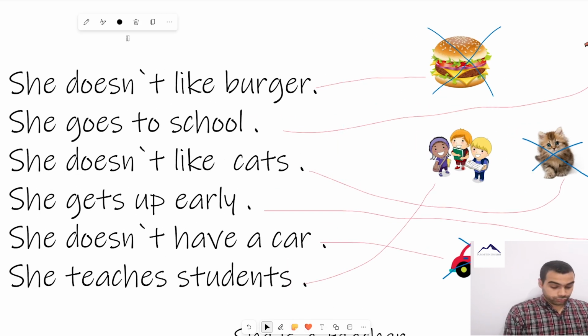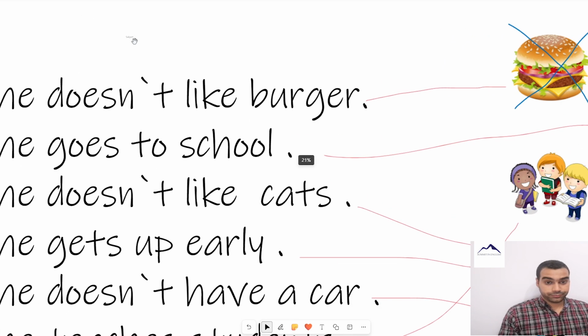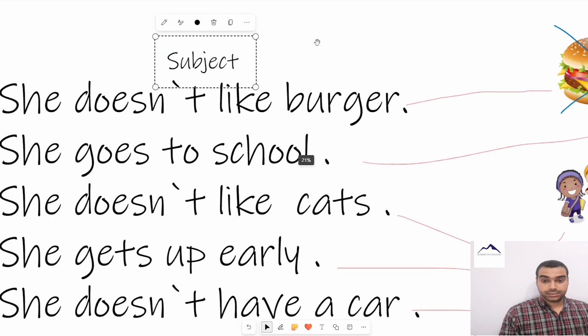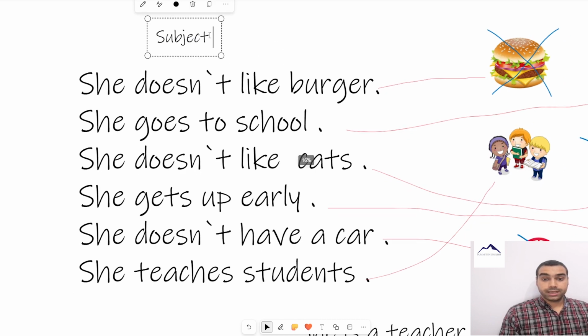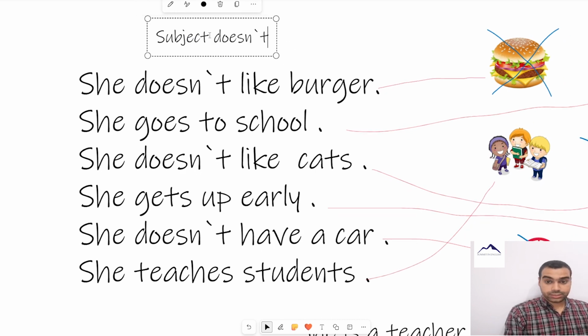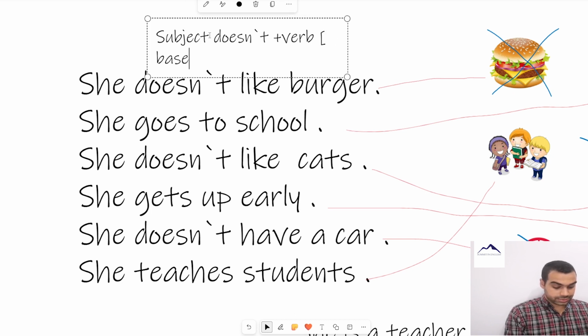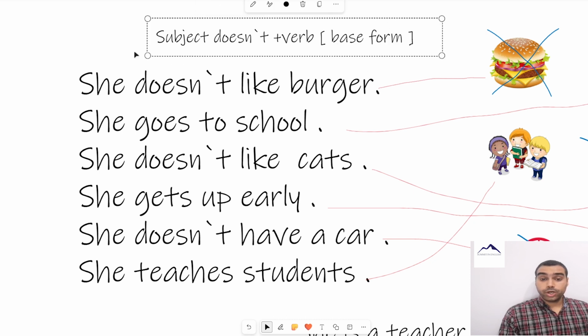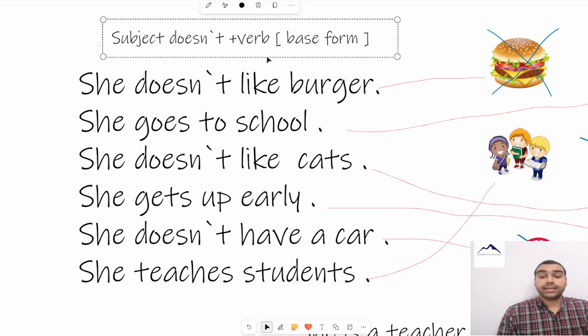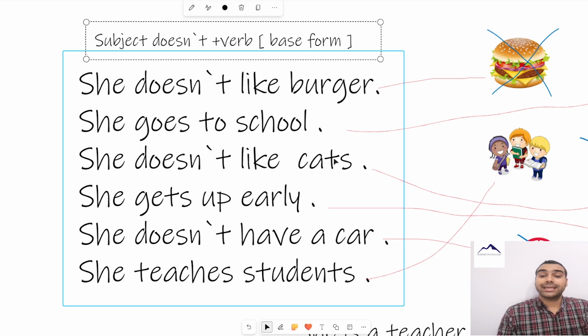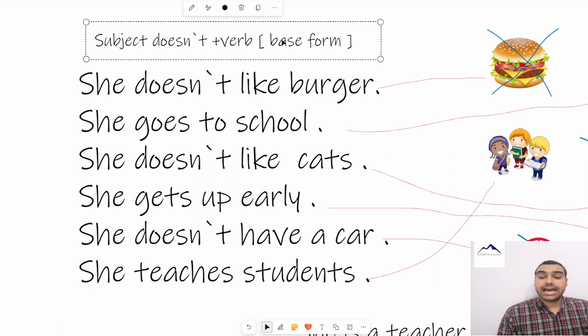We have she or he, or we can say the subject, which is third person singular, plus doesn't, plus the verb in the base form. So she doesn't like burger, or she doesn't like cats. She doesn't have a car.